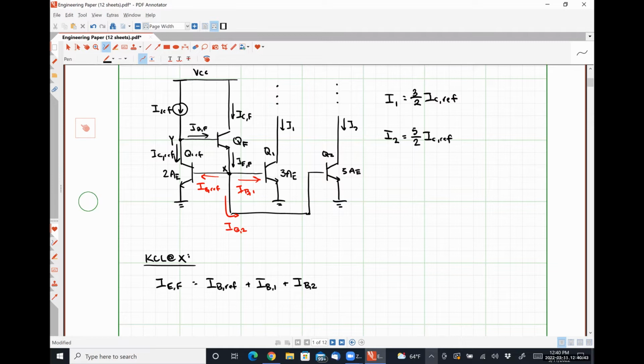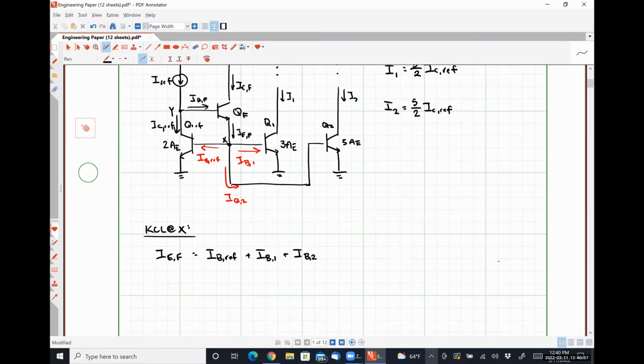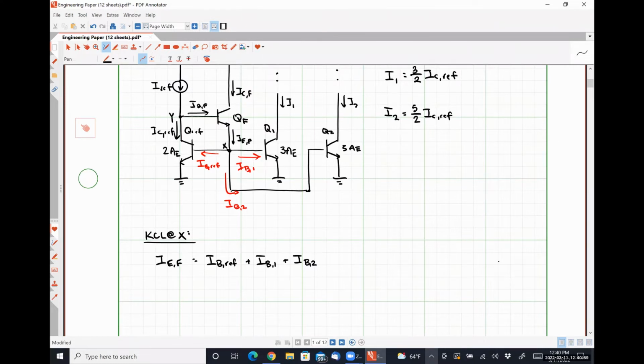I'm going to express the quantity IEF, so the emitter current, in terms of the collector current, because that's kind of our standard operating procedure, right? So how do I express my emitter current in terms of my collector current? What do I need to multiply by a factor of?